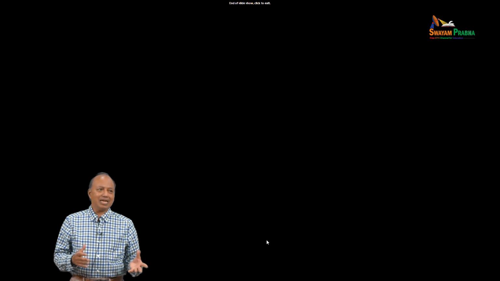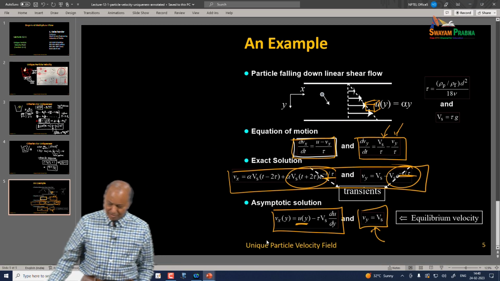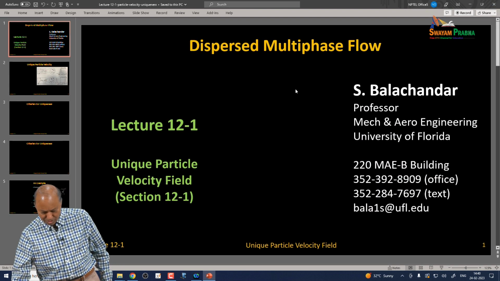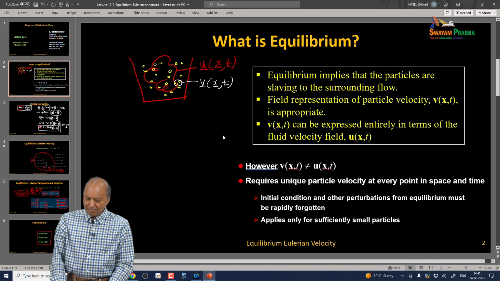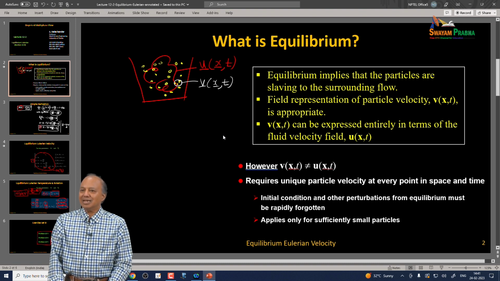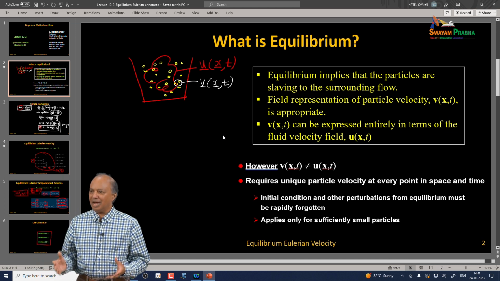Particle velocity can be written entirely in terms of the fluid velocity, and that is what I want to cover, and then we will close today's discussion with that. So, what is equilibrium? Equilibrium means that the particle velocity is only dictated by the flow, not by where it got injected.